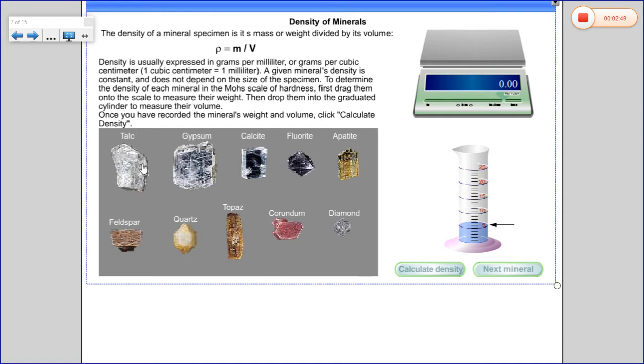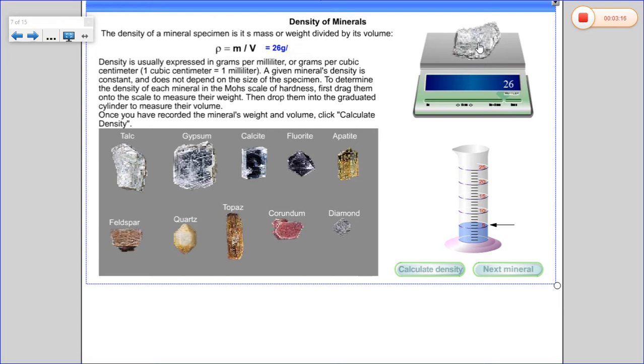We have different substances or different rocks, and we're going to calculate their density practically in this simulation. Let's take this one. First we put it on the balance. On the sensitive balance the mass equals 26 grams.